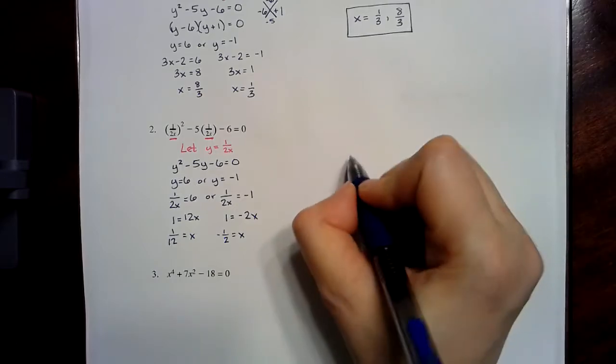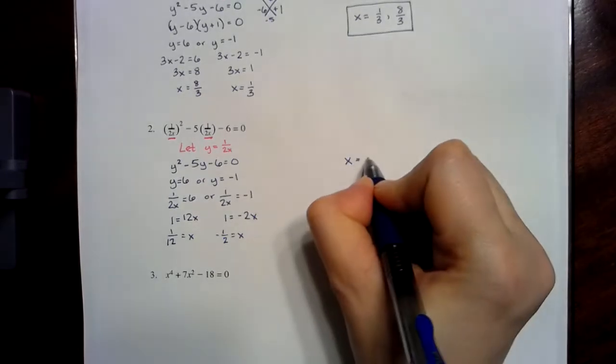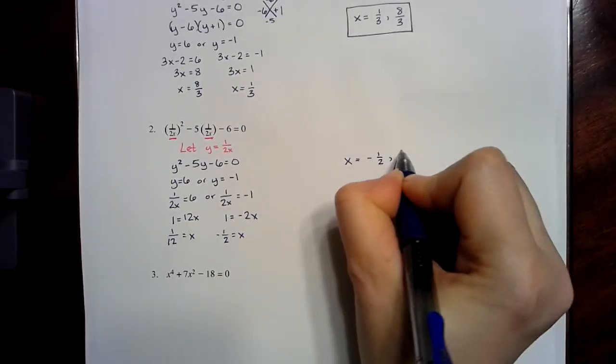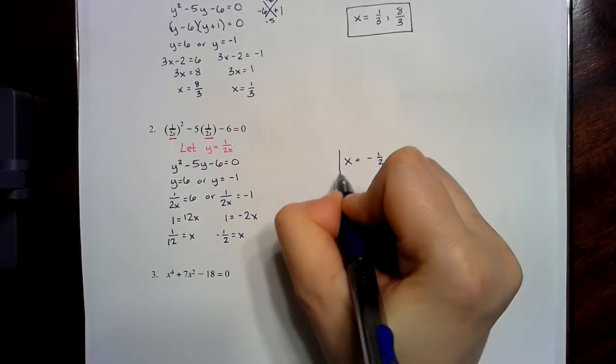If I multiply by 2x on each side, and then divide by the number in front, I now have my answers. X could be negative 1/2 or positive 1/12.